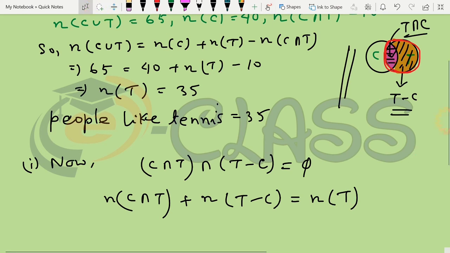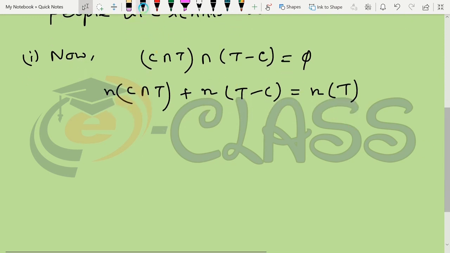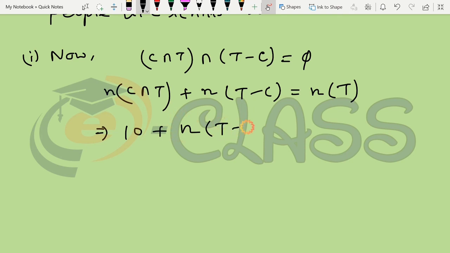Now we just put the values. C intersection T we know is 10, plus T minus C, which we have to find, equals the number of elements in T, which we found as 35.